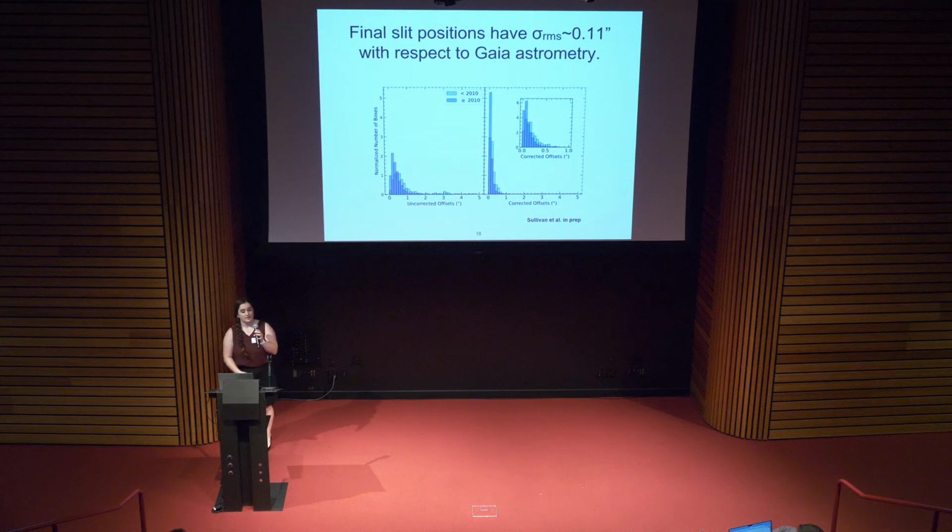And our final slit positions have an RMS error relative to the Gaia astrometry of about 0.1 arc seconds.